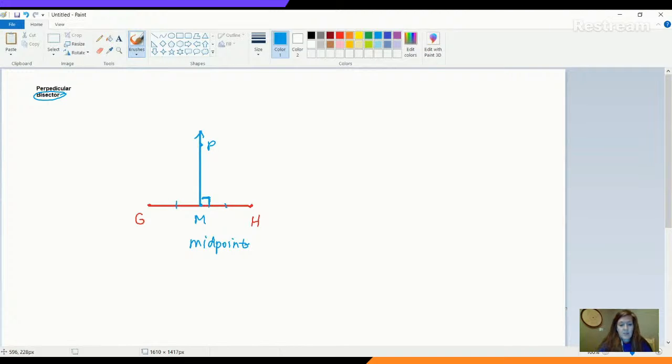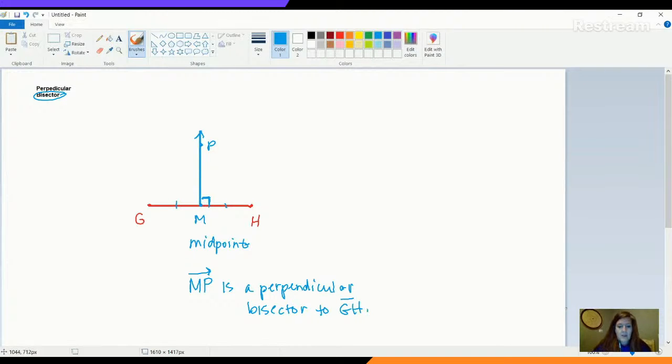So if I was using this in terminology, I would say that ray MP, and again, it doesn't have to be a ray, it could be a line, it could be a line segment, but ray MP is a perpendicular bisector to GH.